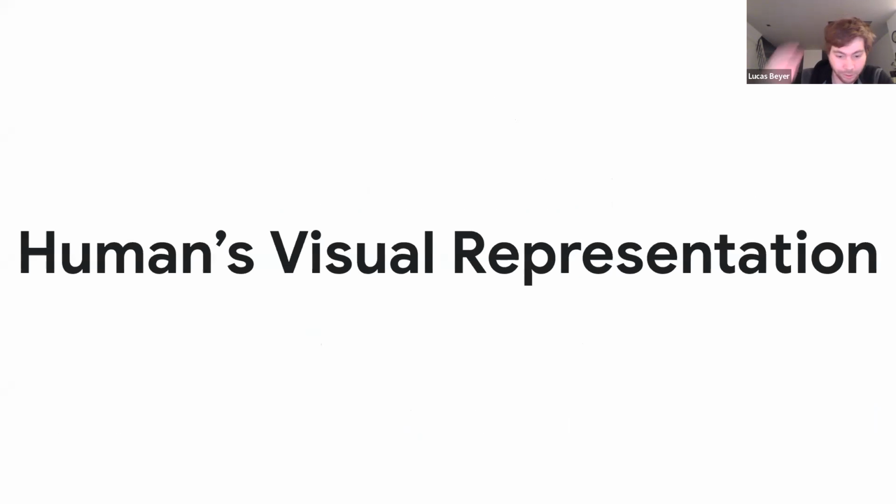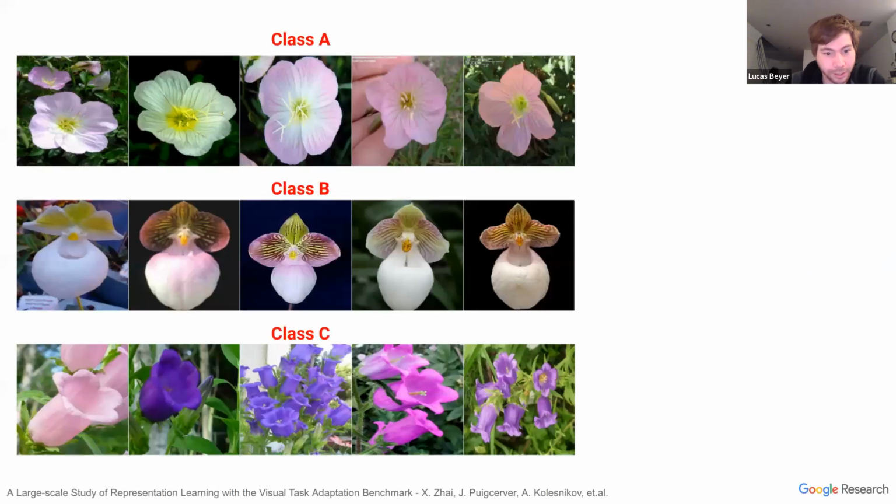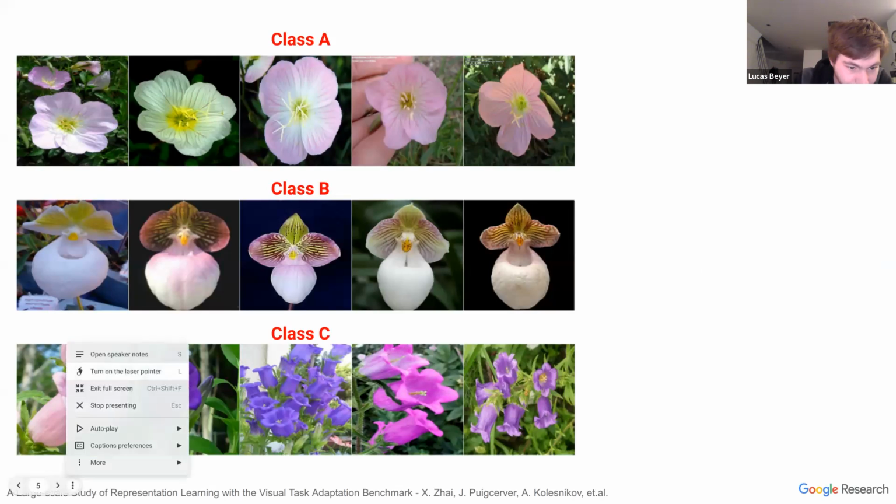Now let's get a bit more concrete and talk about the human's visual representation, which is the gold standard of what is good. We're going to play a little game, not interactively, but please play along in your mind. I can show you here a few pictures. I have the laser pointer.